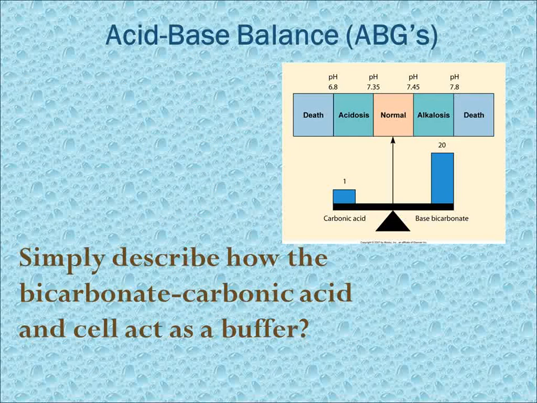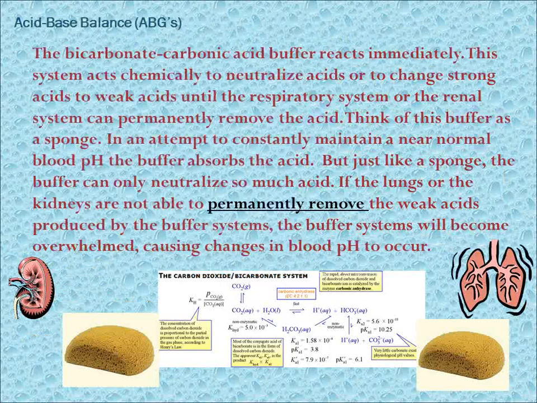So one of the buffer systems is the bicarbonate and carbonic acid. So how does that work? Well, bicarbonate and carbonic acid is basically your body's chemistry set. As soon as the cell, after it's done its metabolic workings, poops out an acid, then the bicarbonate and carbonic acid that is always present in the blood in a 1:20 ratio will immediately jump on that strong acid and then do a little chemistry maneuvering with the H's, the C's, and the O's.